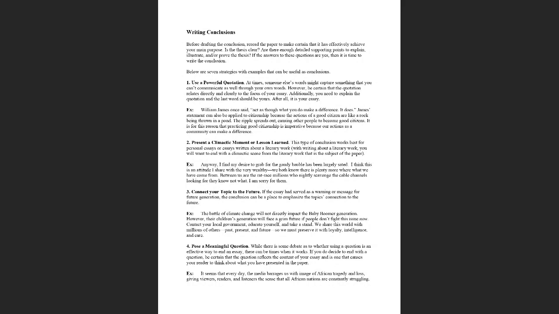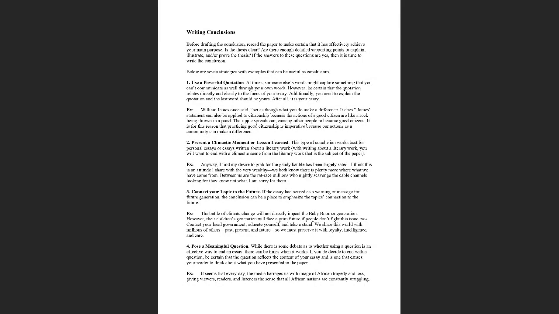And so there are different ways that you can do this. You can use a quotation, but be careful with a quotation. Don't just stick it there. You need to make sure that that quotation is related to your main topic, but more importantly, you need to explain the connection of that quotation to your topic.